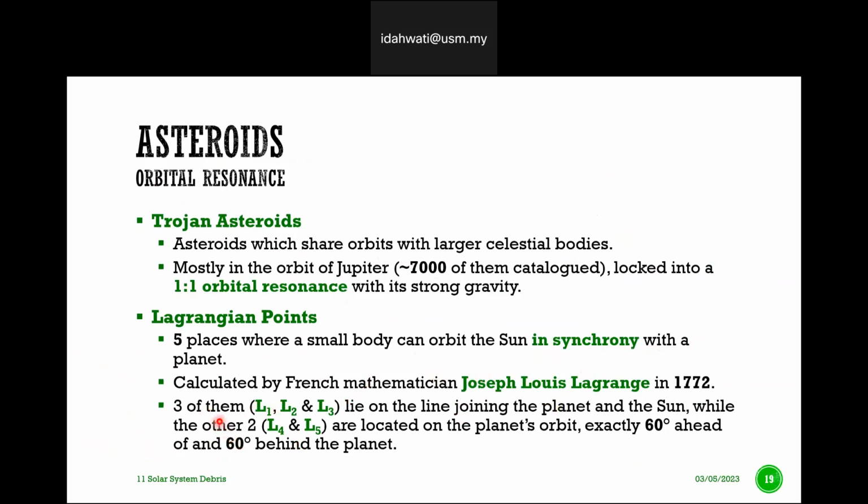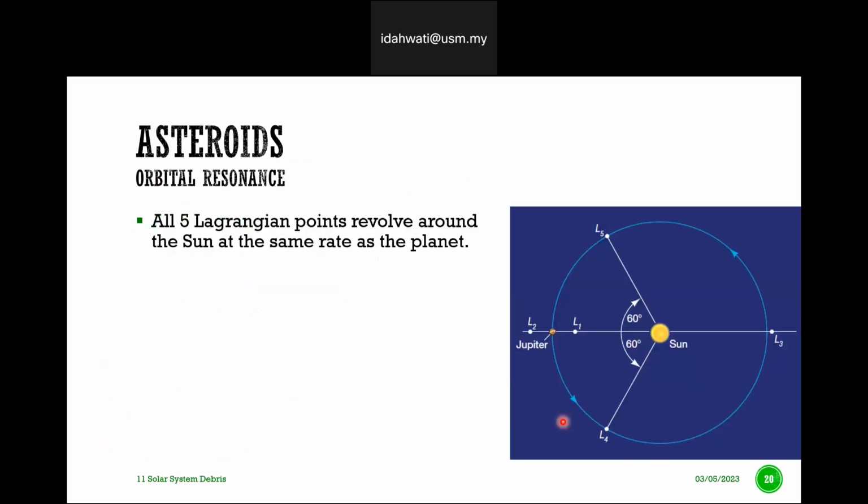And 3 of them, L1, L2, L3, lie on the line joining the planet and the Sun. Also about the Lagrangian points, all 5 revolve around the Sun at the same rate as the planet. So you have L1 to L5 here.